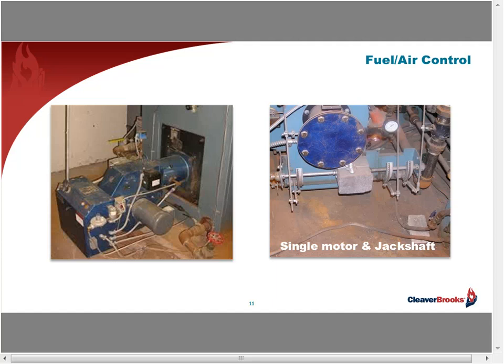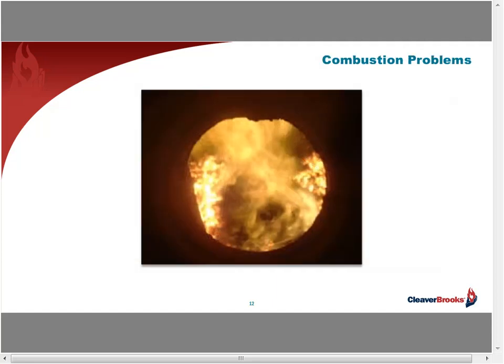And it's these linkages which can get out of calibration fairly easily over time, causing some pretty serious combustion issues, as seen in this picture, where we are not only wasting fuel because of unburned hydrocarbon, but we're fouling the heat transfer surfaces of the boiler and wasting energy out the stack because of a loss of heat transfer.